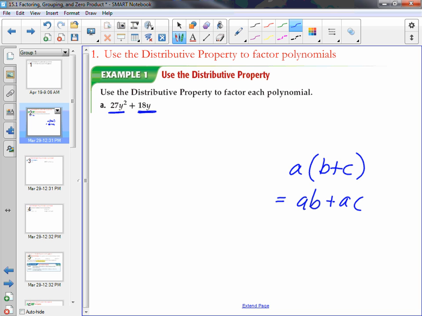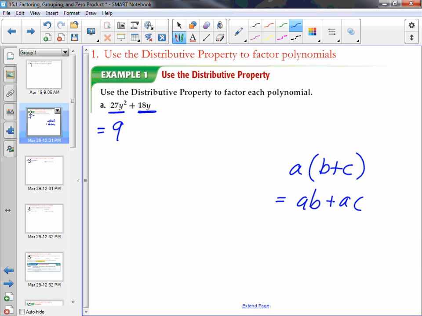So the easiest way to figure out the greatest common factor, the biggest one they both have as a factor, is to just ask yourself, what's the biggest number that divides into 27 and 18? So we're going to factor out a 9.